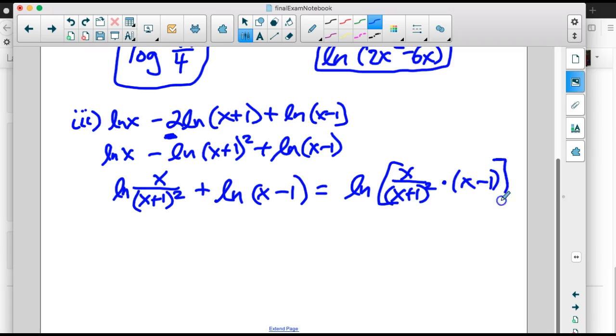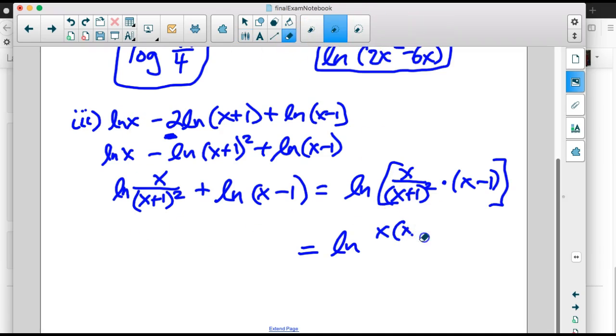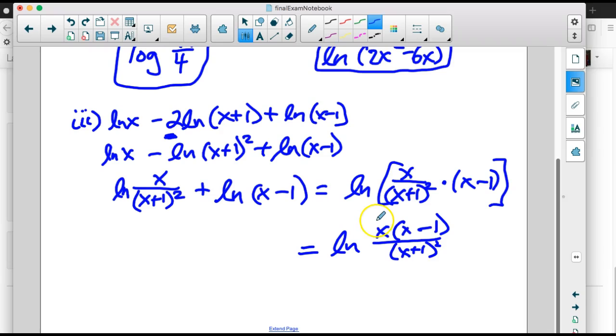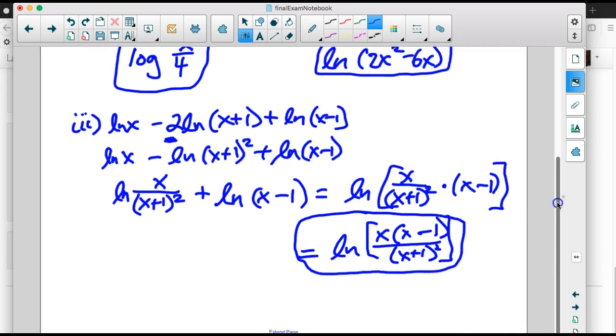We would put that in the numerator and write it as ln of x times x minus 1 over x plus 1 squared. So that would be our single logarithm in problem A sub 3.